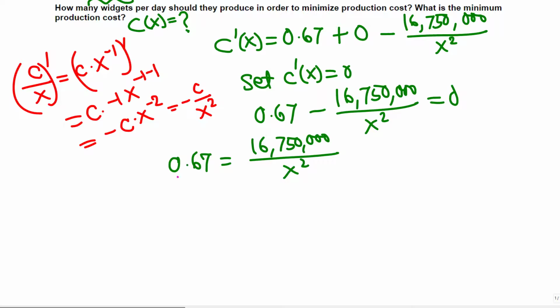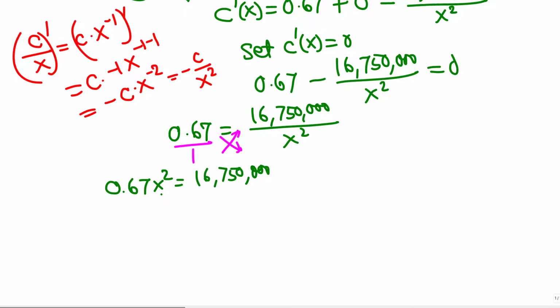Now this is a fraction, we can make this a fraction and cross multiply. So this one times x squared is 0.67 x squared equals 1 times that number, which is just that. Now 0.67 times x squared, so divide by 0.67, then we get x squared equals 16,750,000 over 0.67.